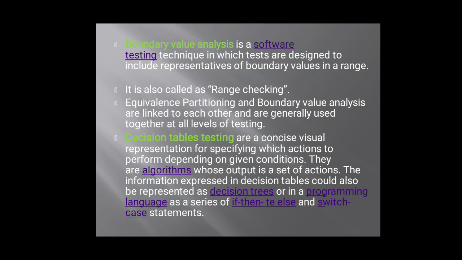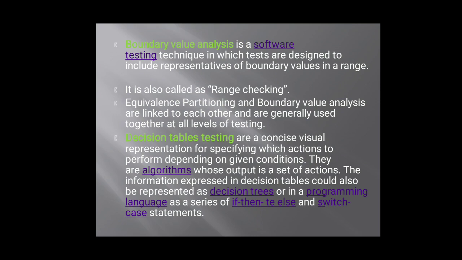The next is decision table testing. Decision table testing is a good way to deal with different combinations of inputs and associated outputs. So I'll give a combination of inputs to my form to check whether I'm getting the expected result or not.